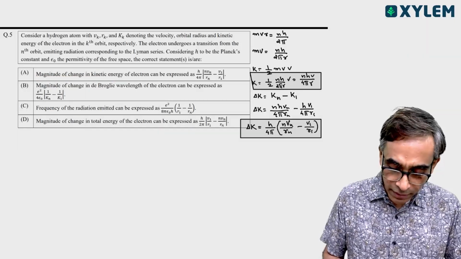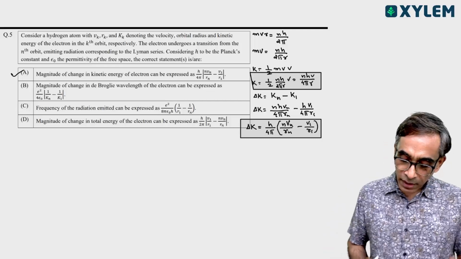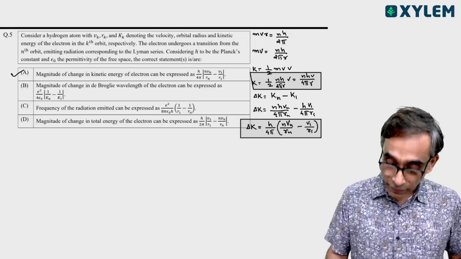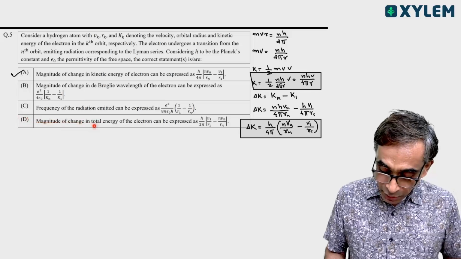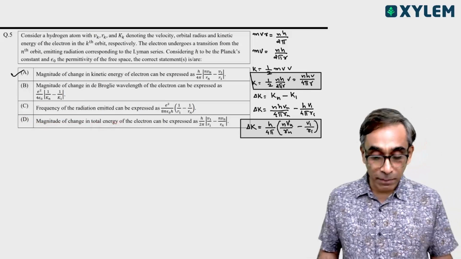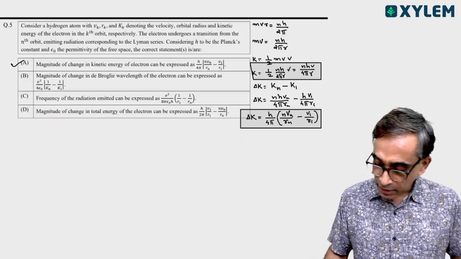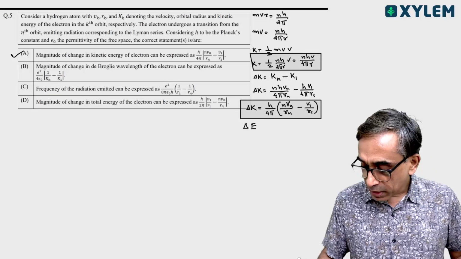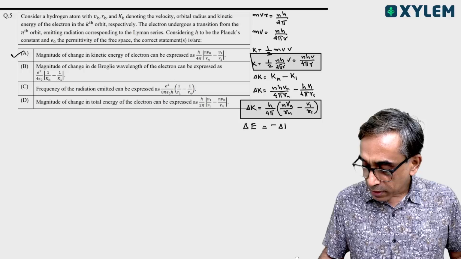Option 1 is correct. Now you can directly jump to option D. What is asked? Magnitude of change in total energy. I can write here total energy change is minus delta k.